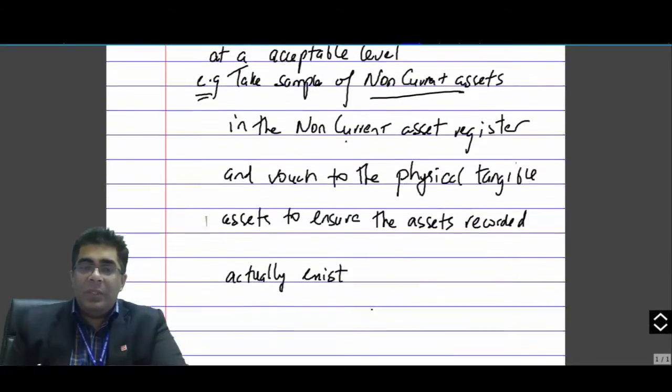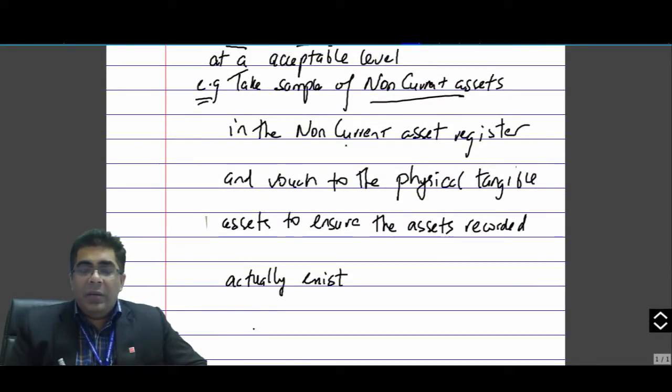Now, substantive procedure, we have learned before that there are two kinds of substantive procedure.